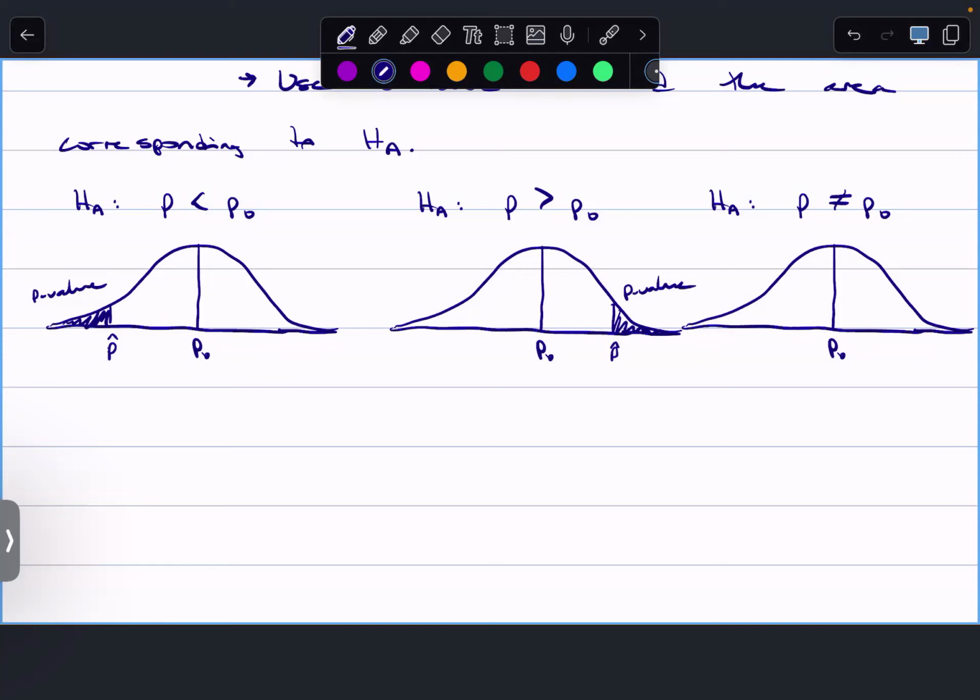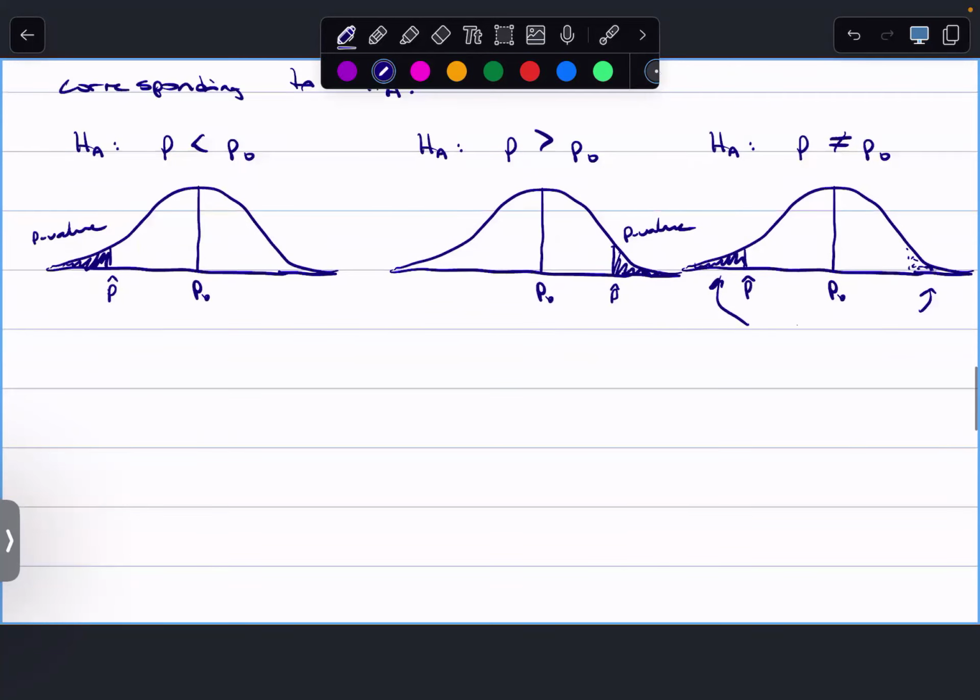And so, for example, if our P hat is down here in the lower tail, I'm also concerned about something similar happening in the upper tail. So then both of these areas are the p-value. You take the area in the one tail and you multiply it by 2.